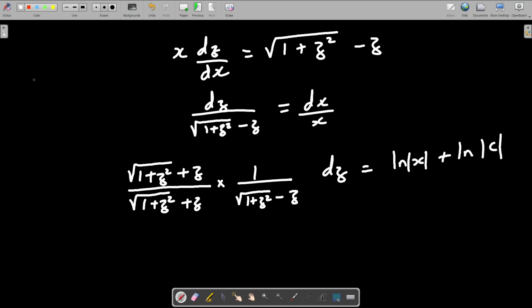Yeah, so what is the property which we'll use for rationalizing here? A minus b into a plus b, what is this? This becomes a square minus b square, right? So this is a plus b into a minus b, so a square minus b square. So the numerator becomes 1.